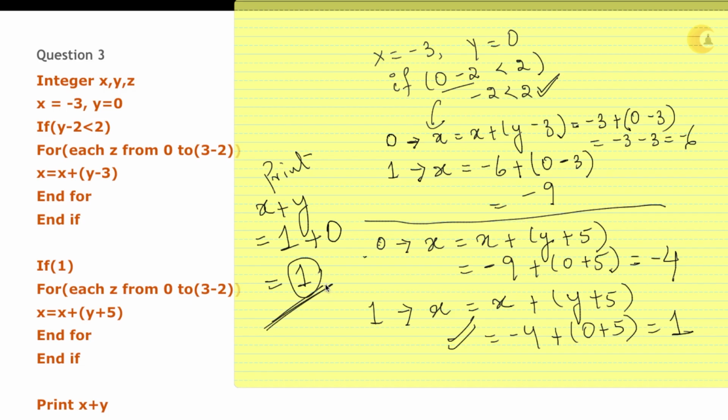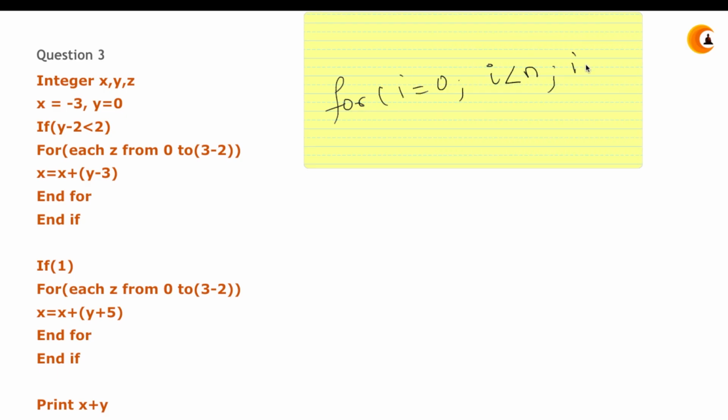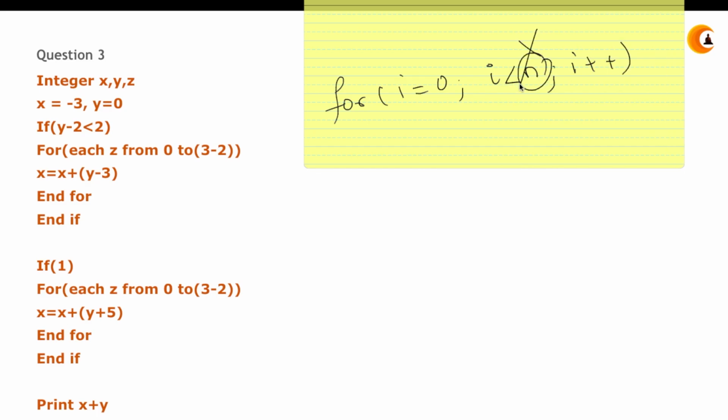Okay. So make sure whenever there is a loop condition which says from a certain number to a number n, both the numbers are inclusive, okay. If it's written in the form of an operator, that is less than n, then that is fine. If it's stating something like for i is equal to 0, i less than n, i plus plus, then n is not inclusive.